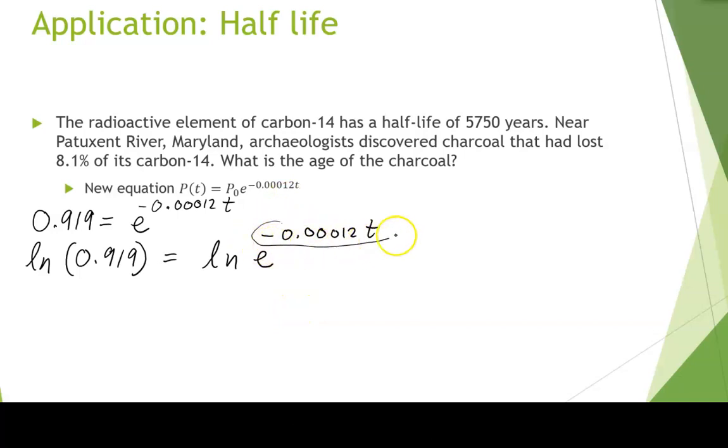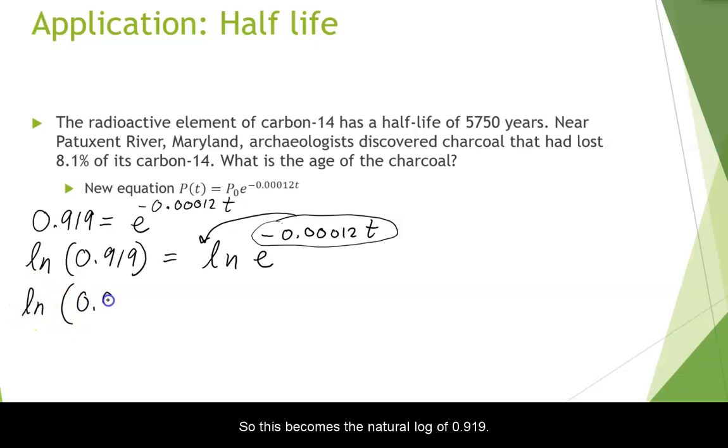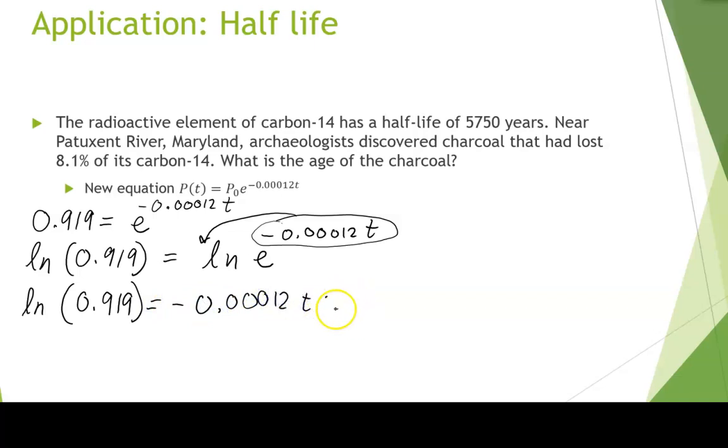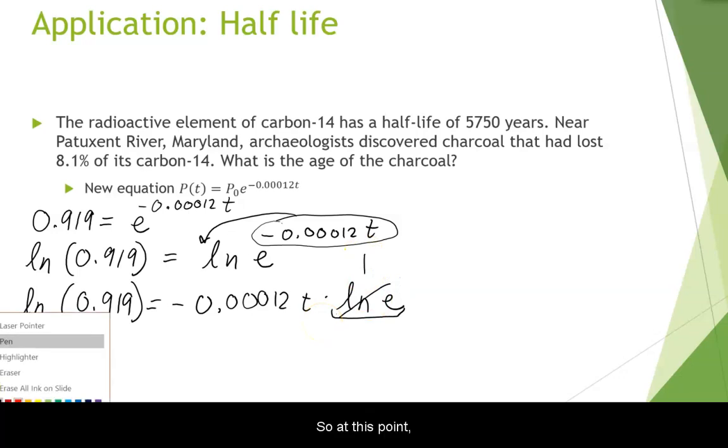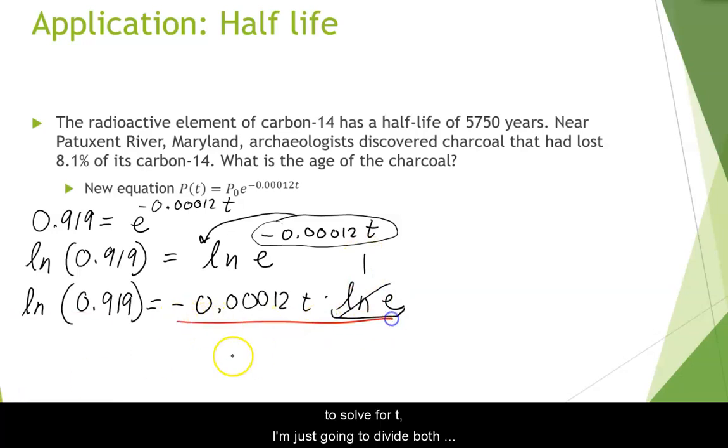We're going to use the principle about logs that we can rewrite an exponent as a multiplication. So this becomes the natural log of 0.919 equals negative 0.00012t times the natural log of e. The natural log of e is just a number, and that number is 1. So at this point, to solve for t, I'm just going to divide both sides by negative 0.00012.